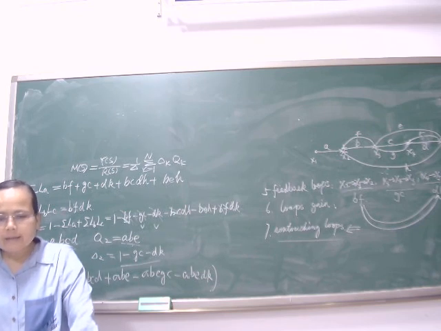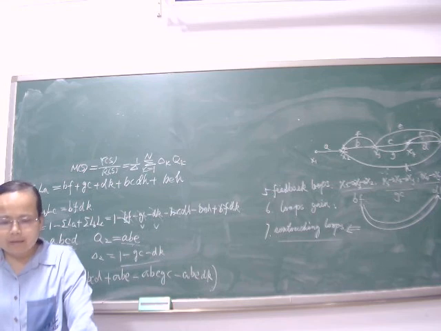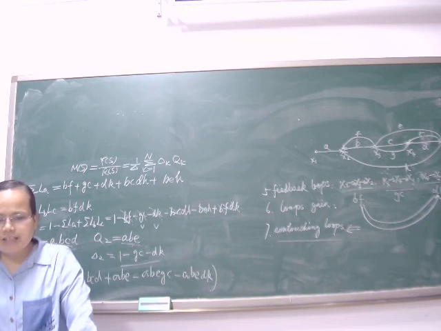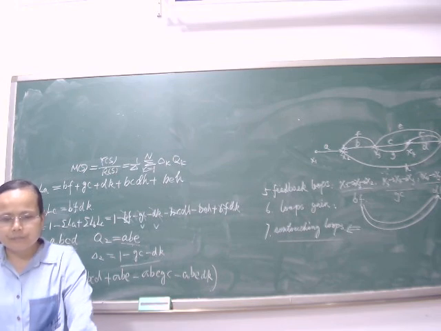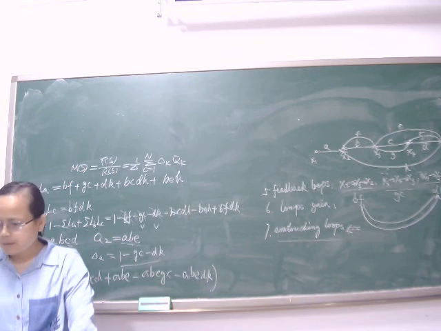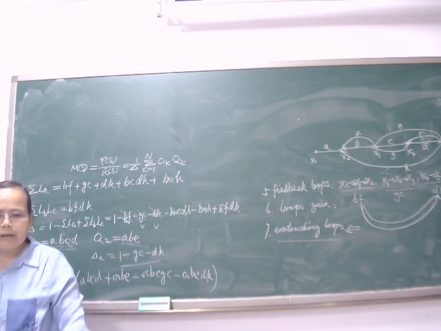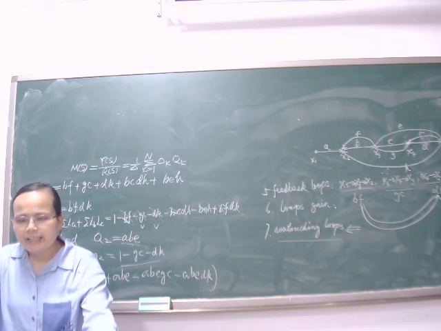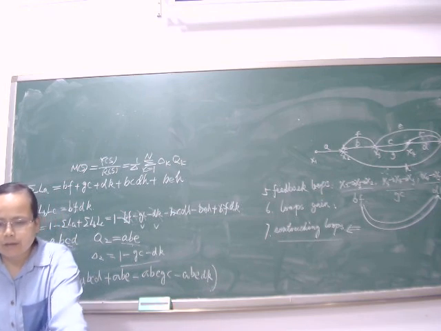Now here are the corresponding figures. The first is the step, and this function table is for the impulse.